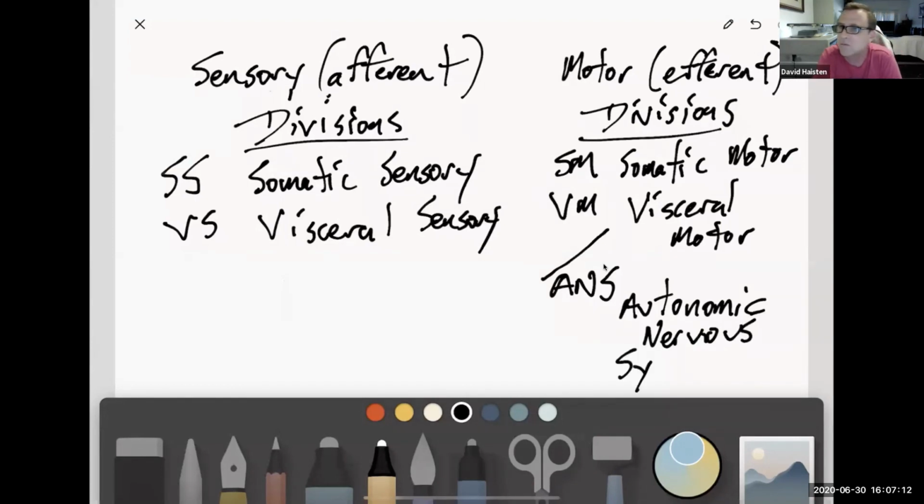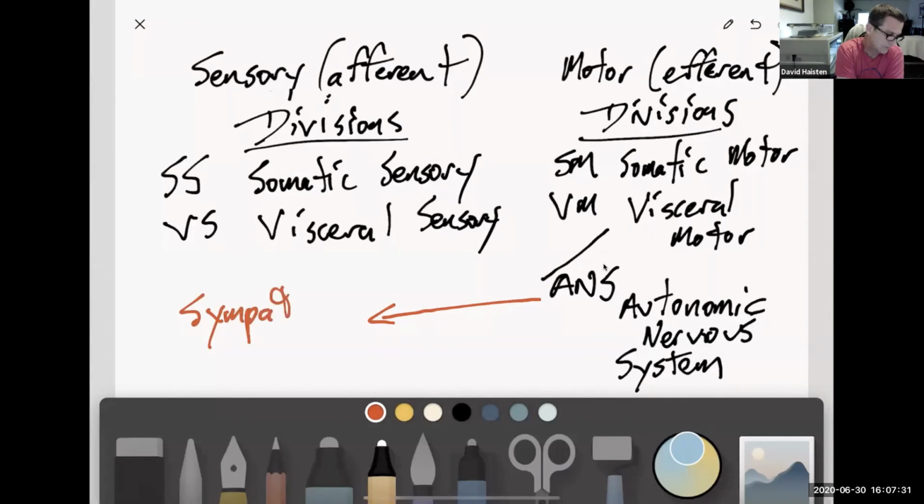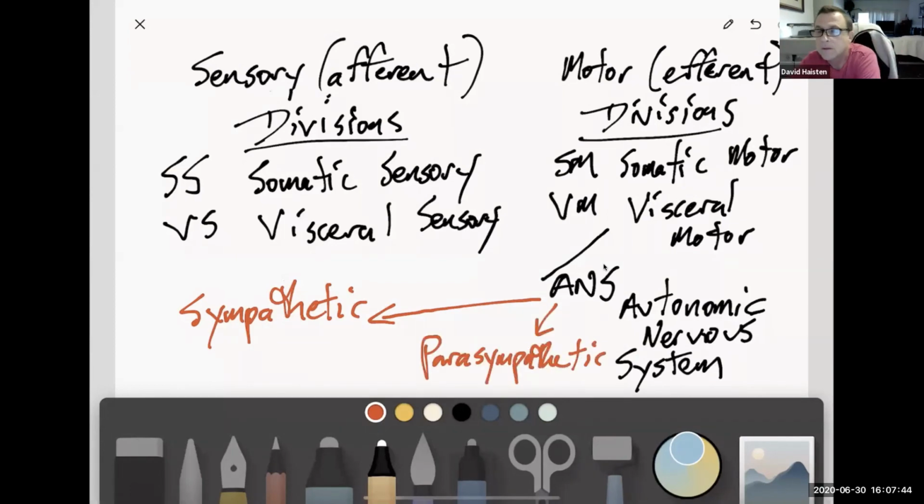The autonomic nervous system has two divisions, the sympathetic and the parasympathetic. So those are the two divisions.